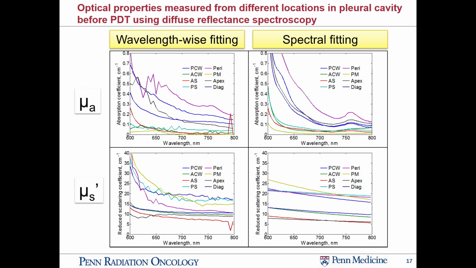So we have applied this method in our clinical cases, in our pleural photodynamic therapy. And we find that clearly in this set of measurements at different locations within the pleural cavity, wavelength-wise fitting does not give as good a result as spectrum fitting in terms of extracting optical properties.